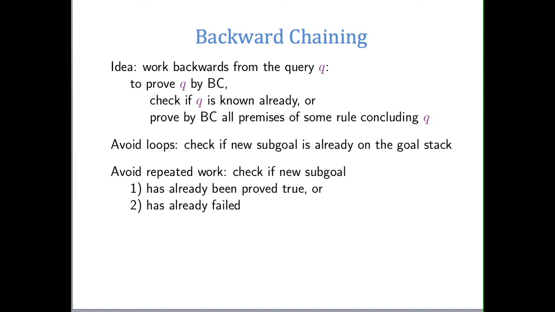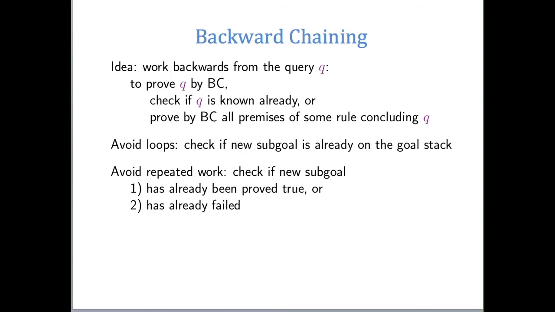But assuming there is some rule with Q on the right-hand side, we'll check the premises and recursively see if those premises are true. Now, we want to avoid loops, so every time we add a sub-goal, we'll check if the new sub-goal is already on our stack so we don't try to prove the same thing more than once.